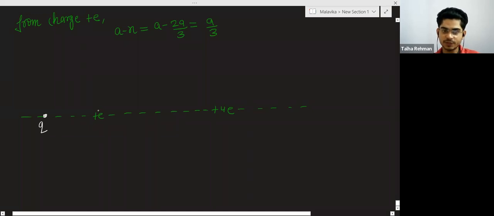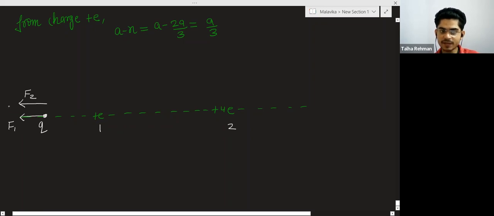Let's see what will happen. Suppose this charge is 1, this charge is 2. The force due to this charge will be in this direction, and due to this 4e, the force again in this direction.